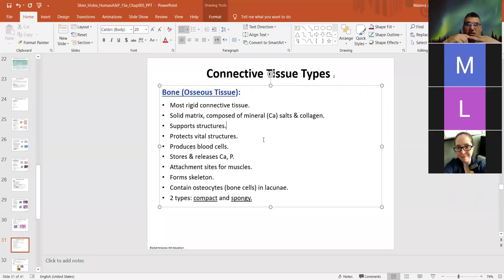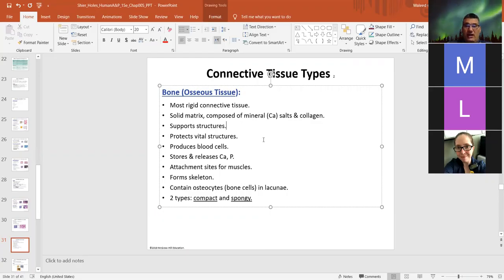So protection, to support you, to store extra calcium. If you eat a lot of calcium, it will be automatically stored in the bone. It provides attachment to the muscles, like this muscle right here is attached to this bone. Okay, so the muscle is attached to the bone in order to move the bone using the muscles. So movement is another thing.